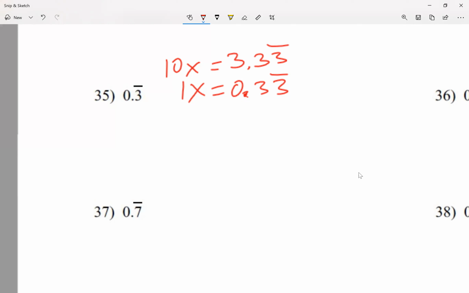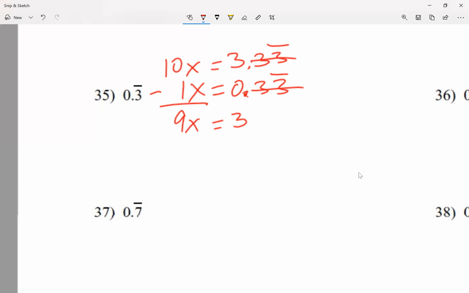So if I subtract these two values, 10x minus 1x, that gives me 9x. On this other side, because the numbers after the decimal point are the same, when I subtract them, they cancel out. So then I have 3 minus 0 is equal to 3. So I have 9x is equal to 3.